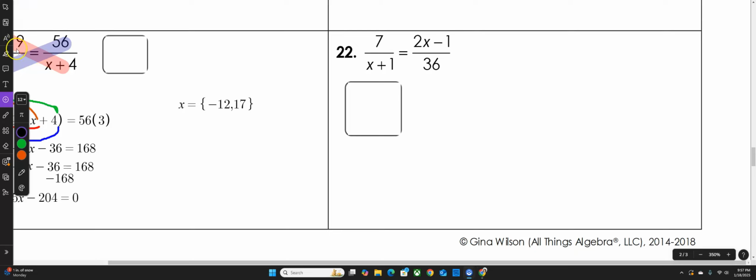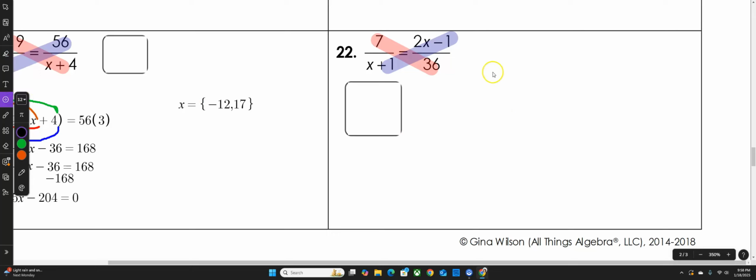All right, last problem. We have 7 over x plus 1 is equal to 2x minus 1 over 36. So we're going to do the same thing we did on the previous problems, just for consistency. So 7 over x plus 1 is equal to 2x minus 1 over 36.